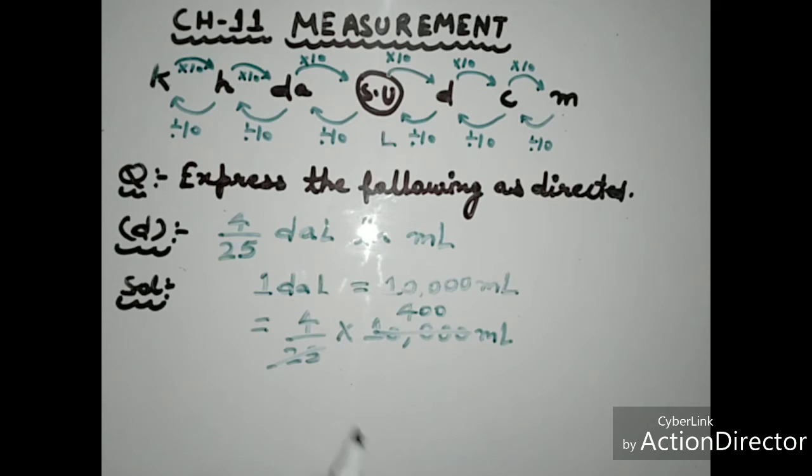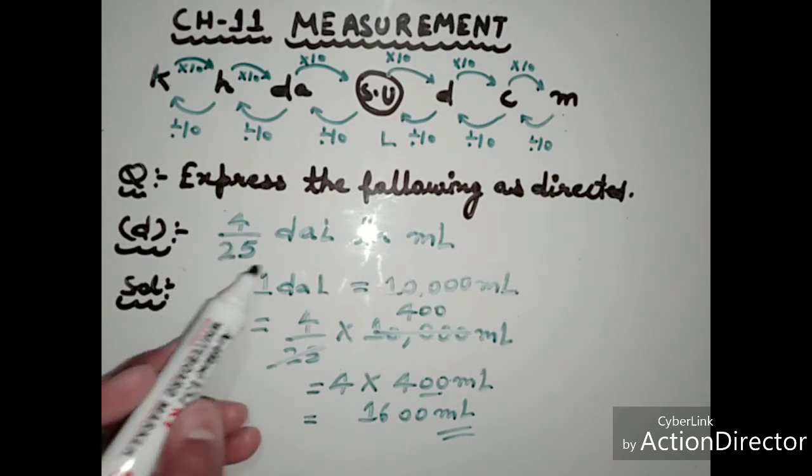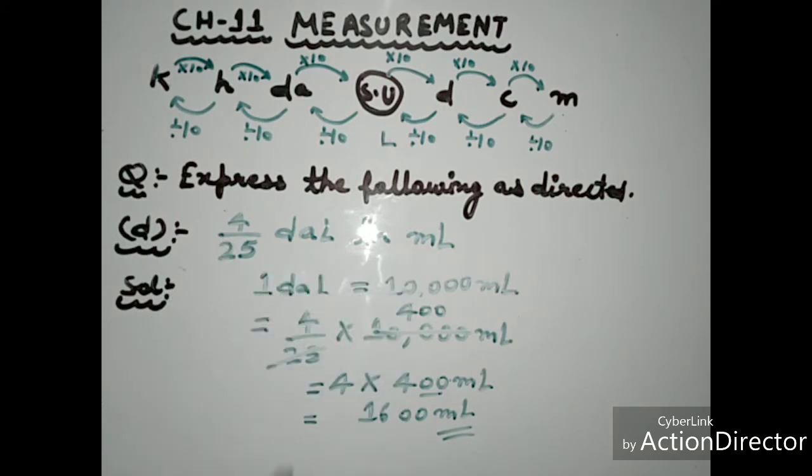Now we put 2 zeros. Now we multiply 4 into 400 milliliters. We get 4 fours are 16. Now we put these 2 zeros here. 1600 milliliter. So when we convert 4 upon 25 decaliter in milliliter, we get 1600 milliliters.